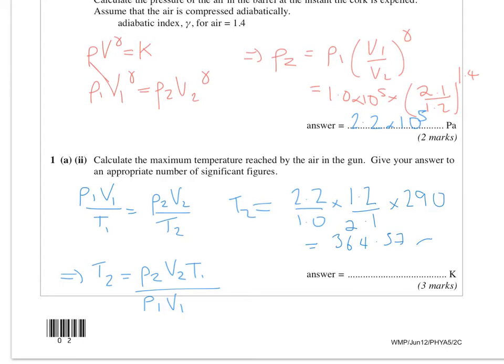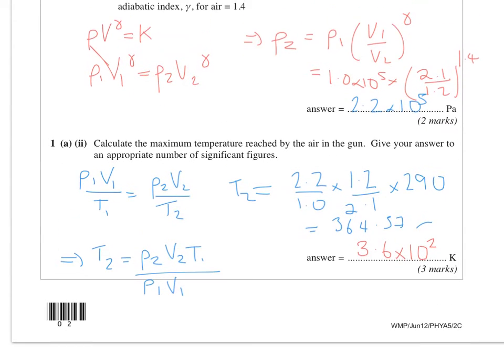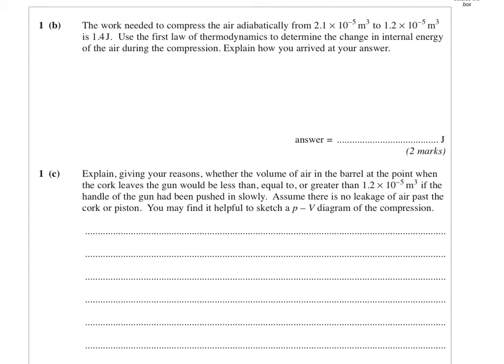So 2 sig figs is appropriate here, so it's going to be 3.6 times 10 to the 2 Kelvin, giving it 2 significant figures there. The work done needed to compress the air adiabatically from 1.1 times 10 to the minus 5 to 1.2 times 10 to the minus 5 is 1.4 joules. Use the first law of thermodynamics to determine the change in internal energy during compression, explaining how you arrived at it.